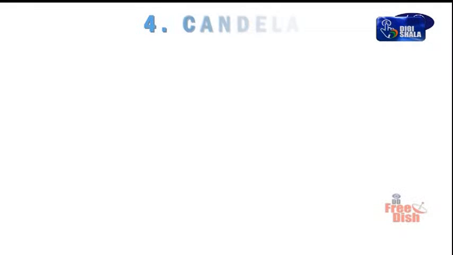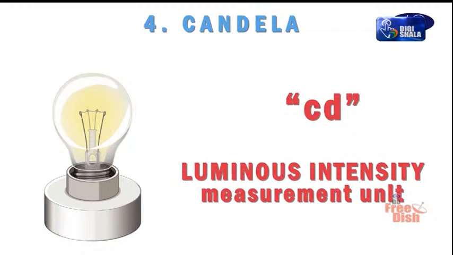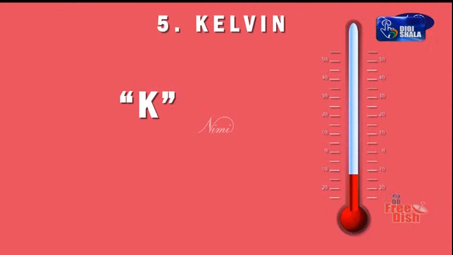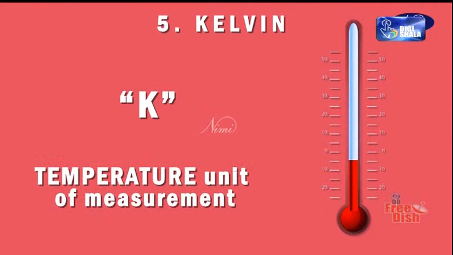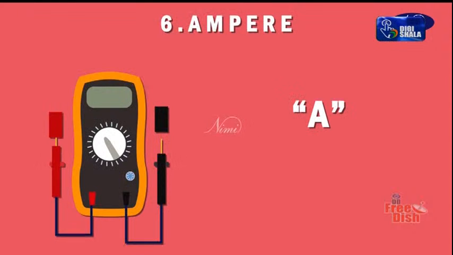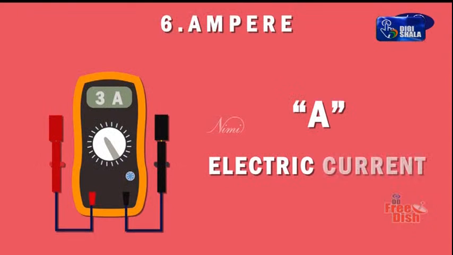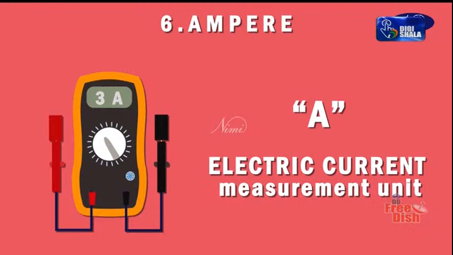Number 4. Candela. CD. Luminous intensity unit of measurements. Number 5. Kelvin. K. Temperature unit of measurements. Number 6. Ampere. Symbol A. Electric current measurement unit.